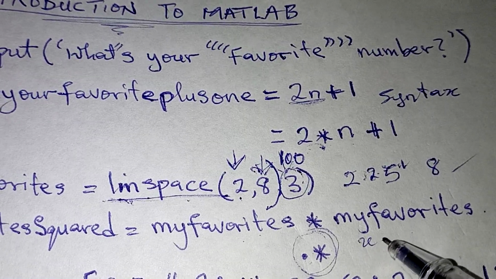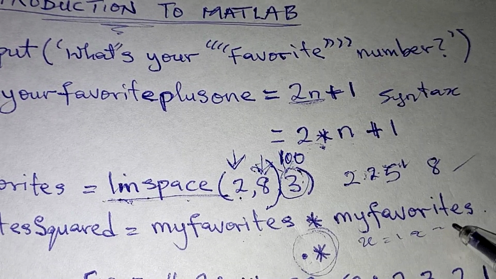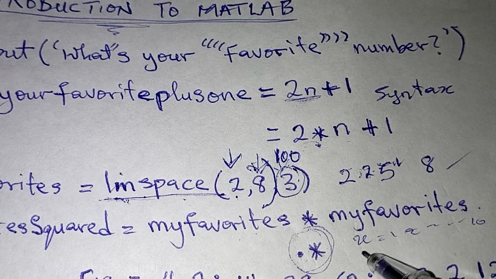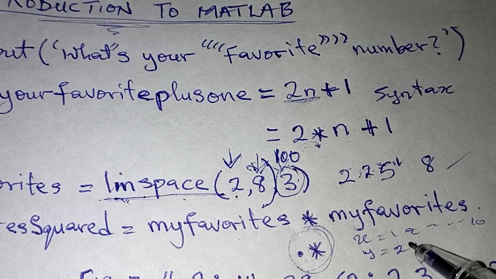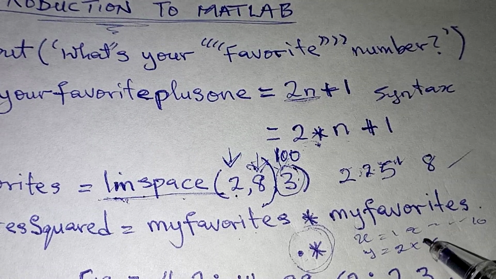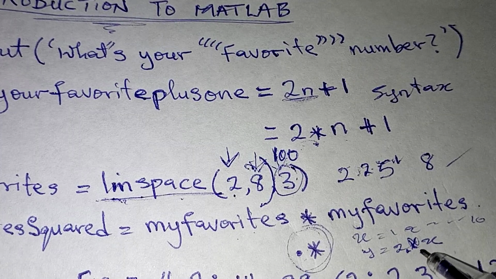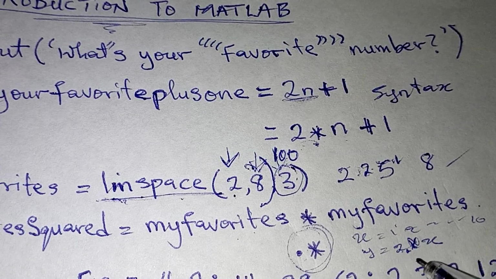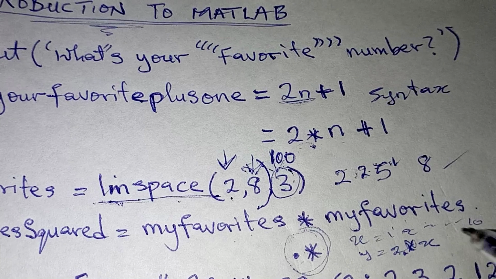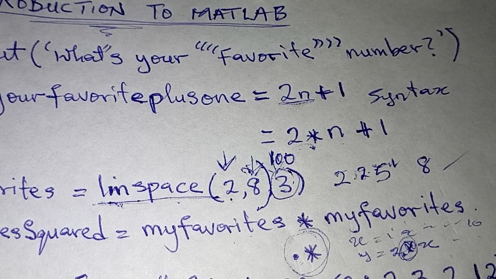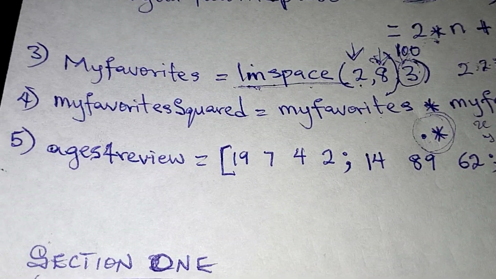Maybe x has 1, 2, 3, 4, 5 down to maybe 10, and you say y should be 2 times x. Because this x is an array, you have to put dot star, telling it that 2 times 1 returns 2, 2 times 2 returns 4, 2 times 3, and so on, to get the values of your y. That is where this dot star is very important.